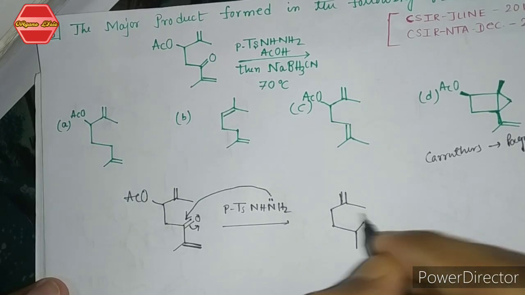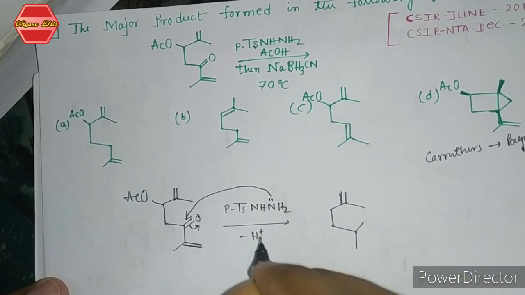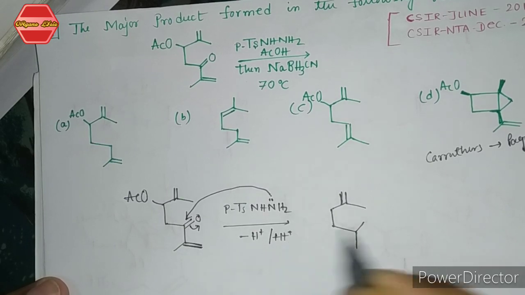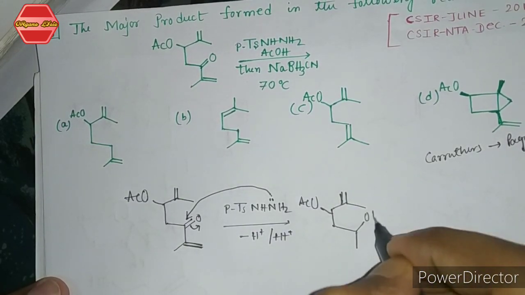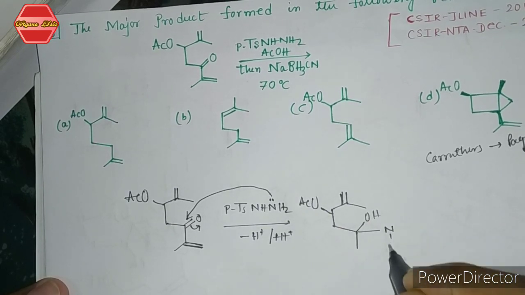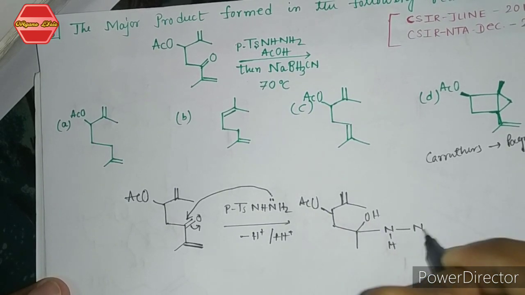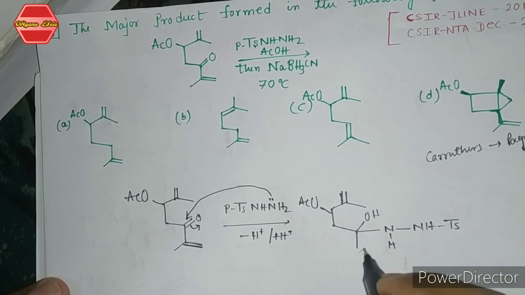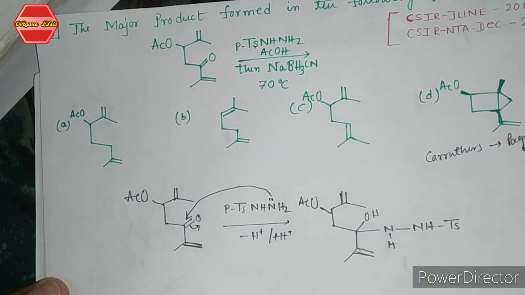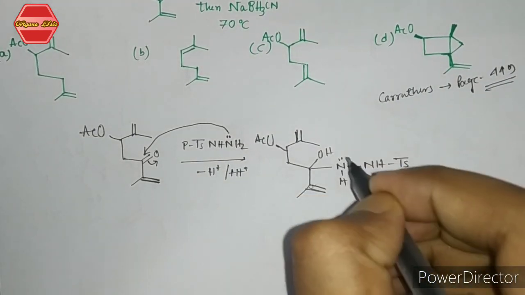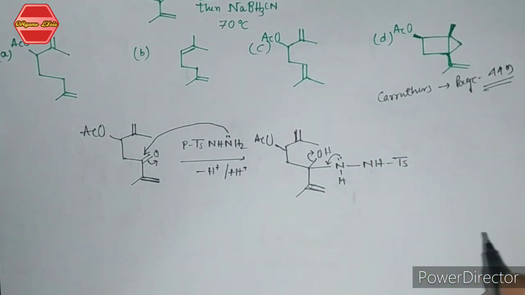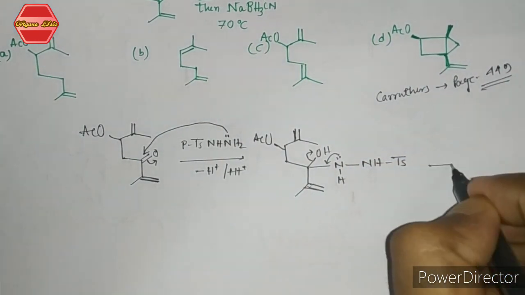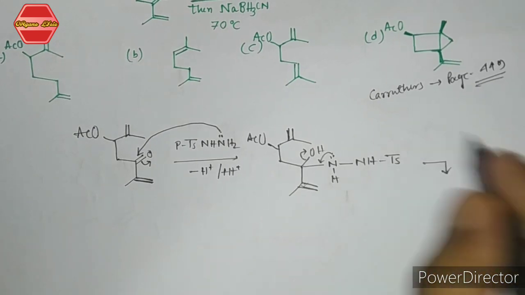I'm writing the short way, that is minus H plus, plus H plus, and this is OH, there is NH and NHTs. Now see, here is a lone pair of electrons, it pushes back here and this goes here.